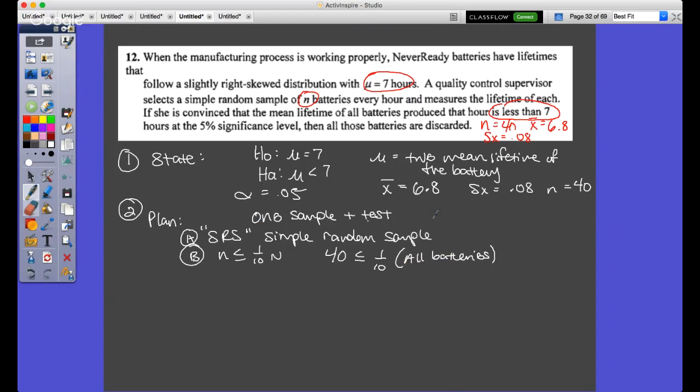So that condition's met. This allows us to overcome independence. When I select a battery, there is a small change, but it's so small based on the 10% condition that we can say it overcomes the independence.